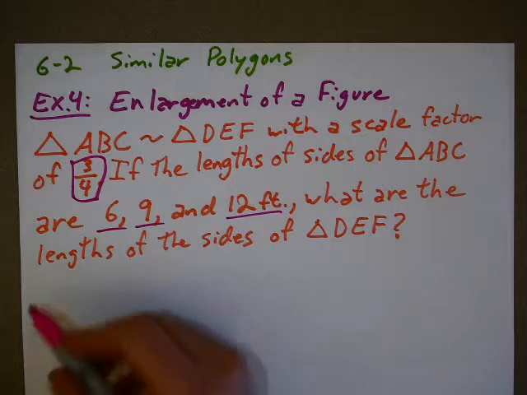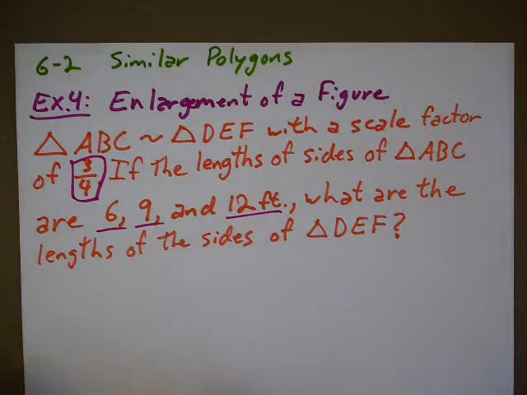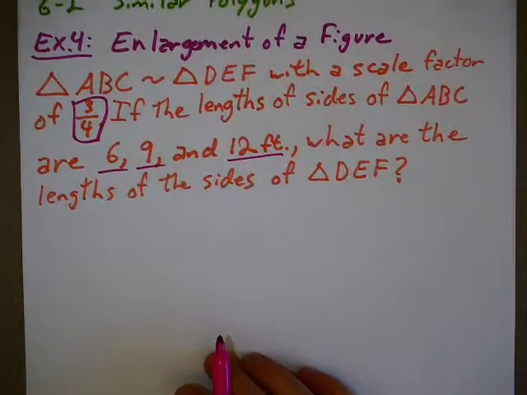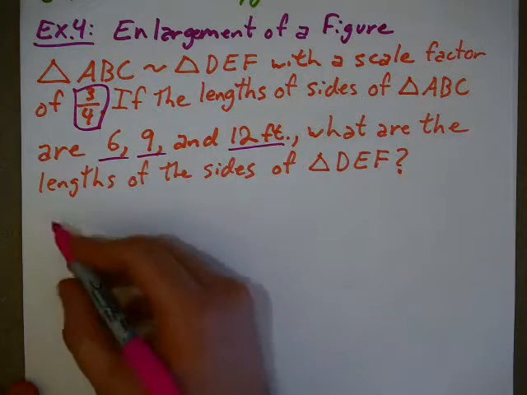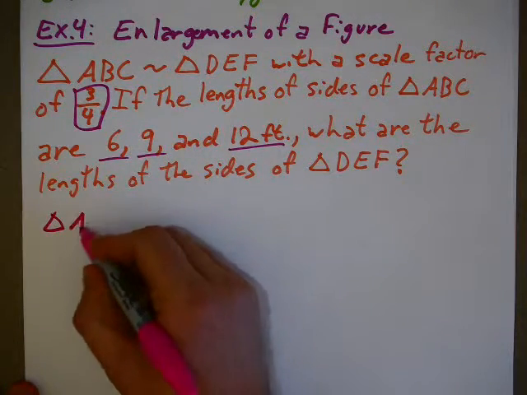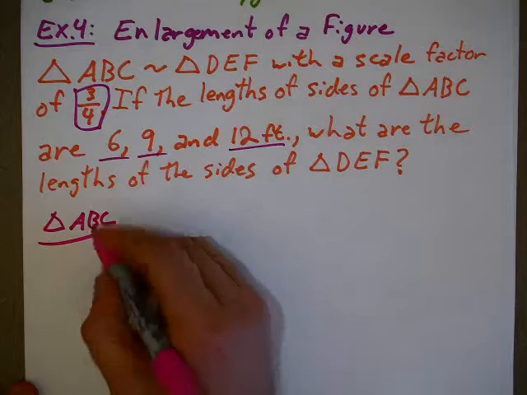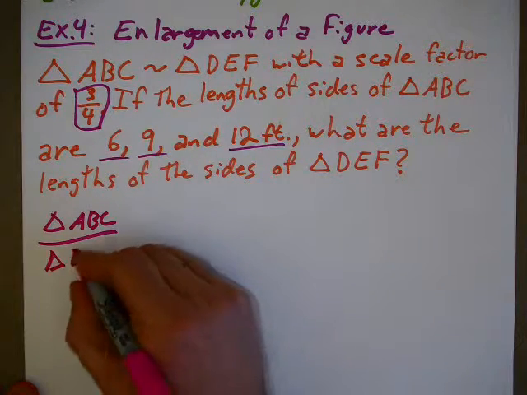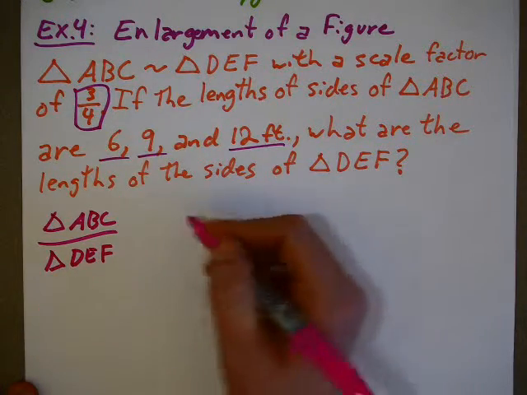And so we're going to set a proportion where we have triangle ABC over triangle DEF.